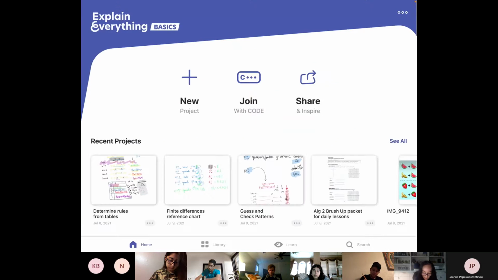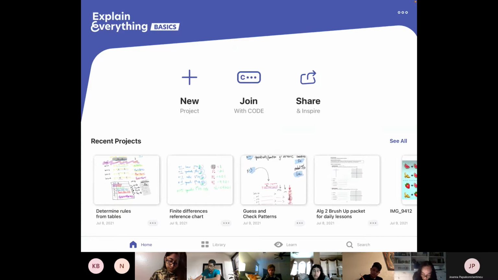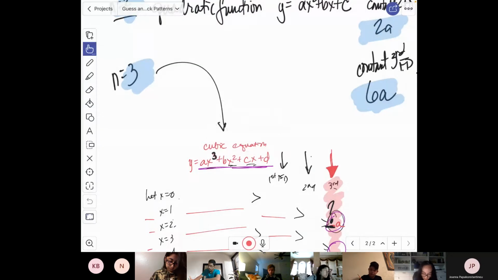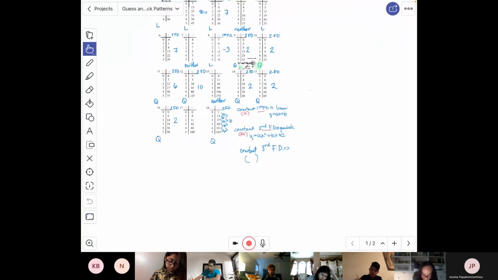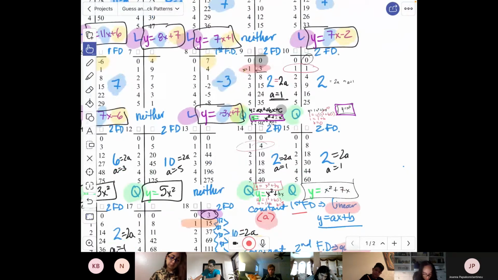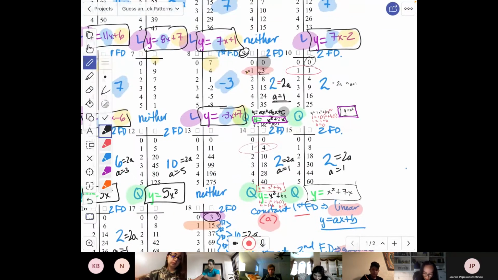I'd like to go back and graph some of the quadratic functions, shall we? Let's graph some of the quadratic ones. So let's do the first quadratic one that we found. So number 9.